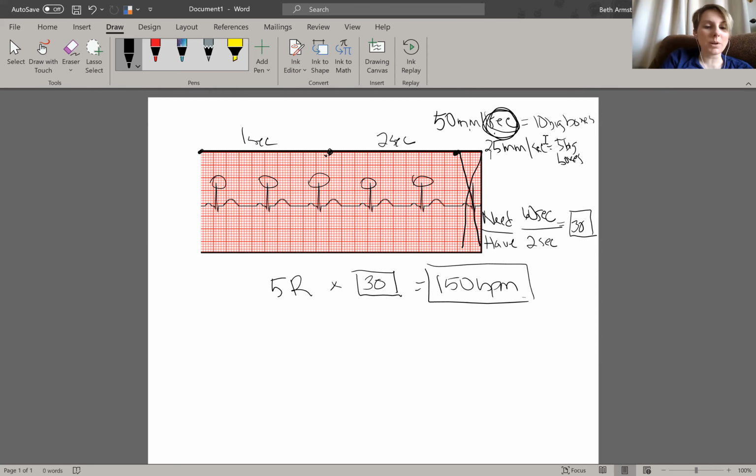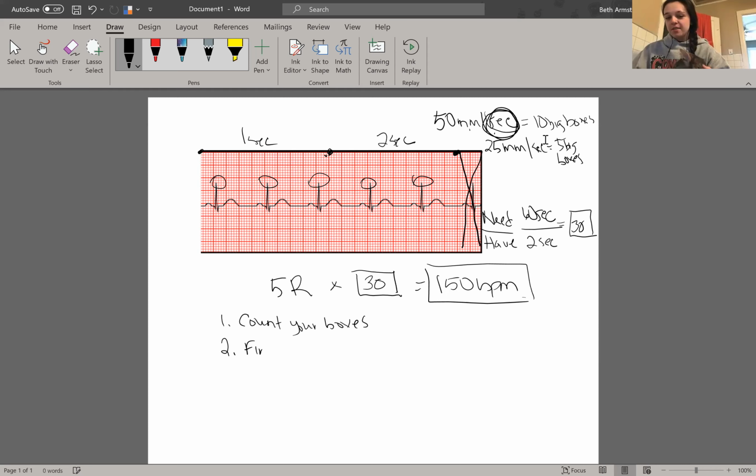So our first step is always to count your boxes. And second would be what? Your multiplication factor. Find multiplication factor. I'll just make a box so you know. If you guys can read my writing. Find multiplication factor.